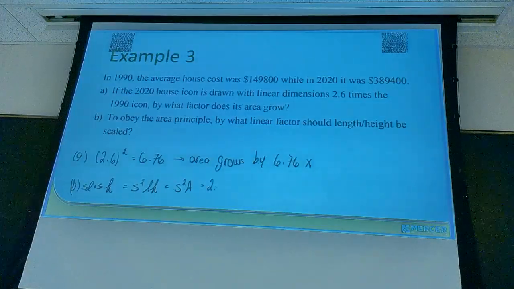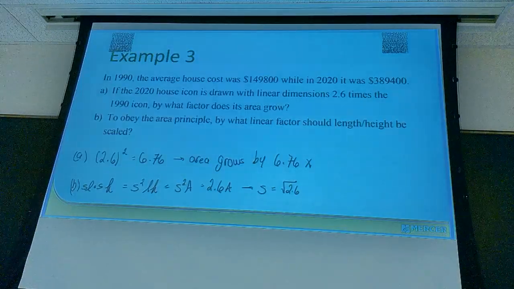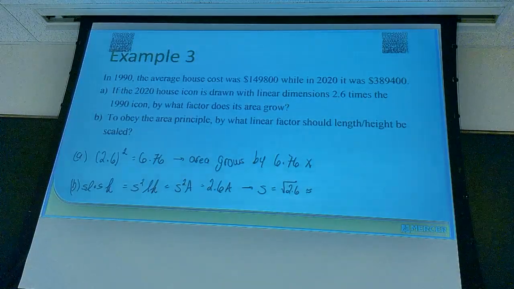We want that to be 2.6 times the area, right? So your linear scale would be the square root of 2.6, about 1.61.